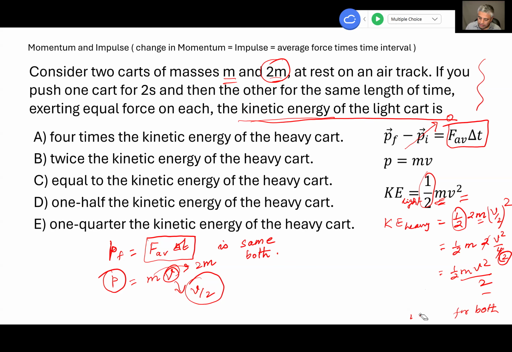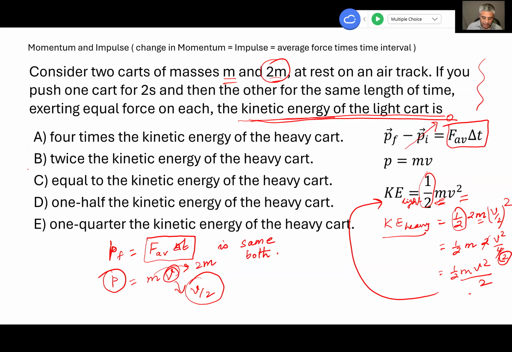So the kinetic energy of the heavier one is half compared to the kinetic energy of the lighter one. So that means the kinetic energy of the lighter is 2 times larger than the heavier one, right? Heavy has a half means lighter has a double.